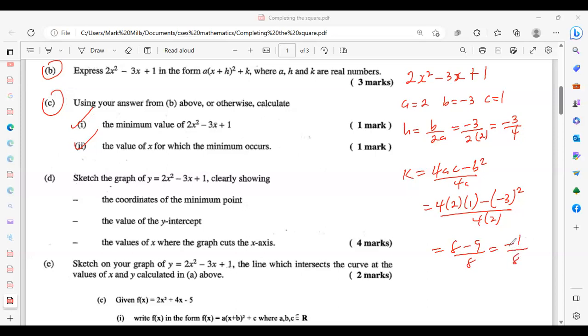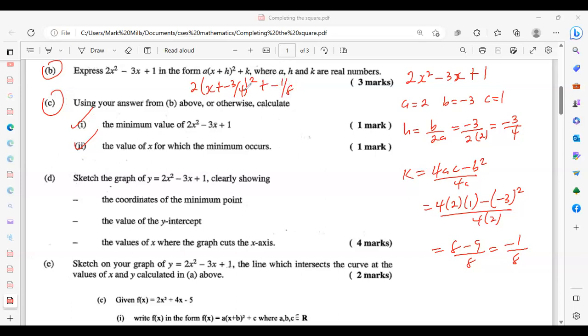Beautiful. Now I'm going to substitute this in the formula here. We need our A. What's our A value? 2. So we come here, our A is 2, X plus the H. What's the H value? Negative 3 over 4, squared. Plus the K. What is the K value? Negative 1 over 8.